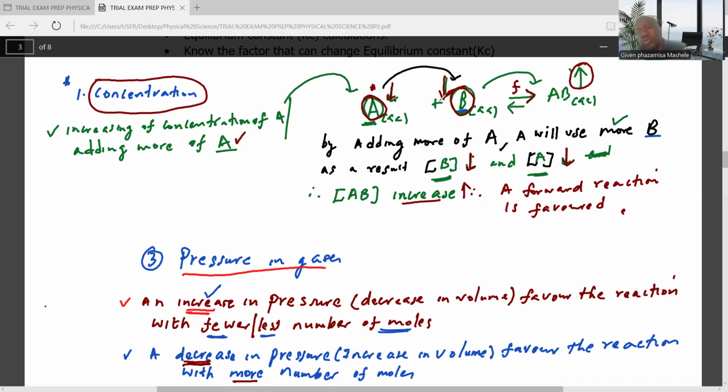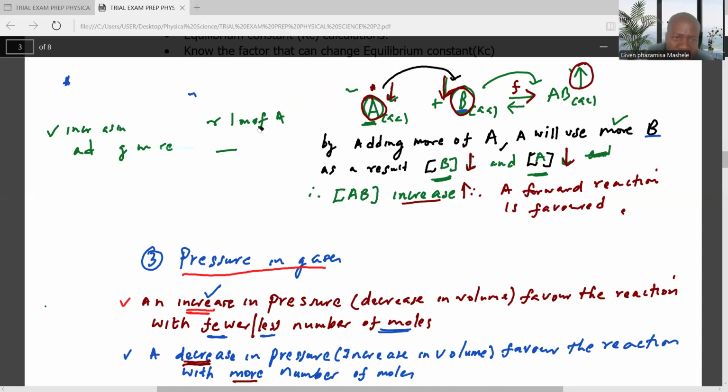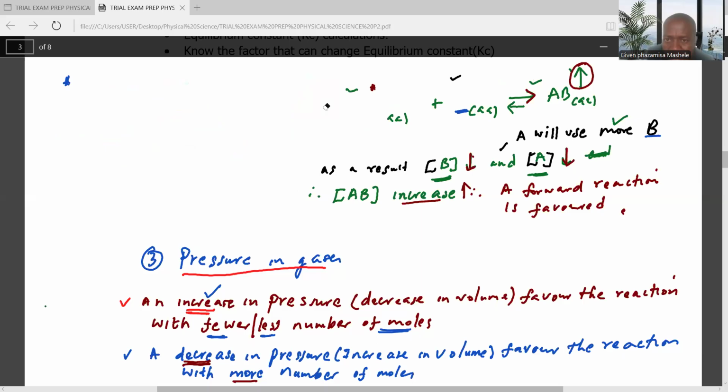So you need to be able to understand this, ladies and gentlemen. I believe you are following. So I will do an example relating to these three factors. In terms of concentration, pressure, you only speak of gases.